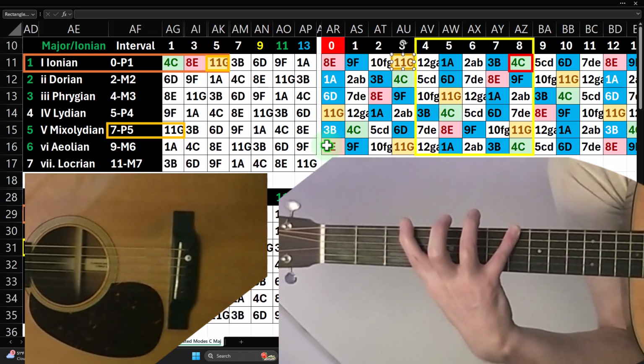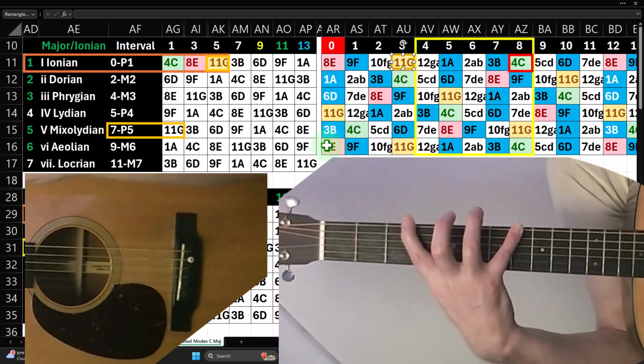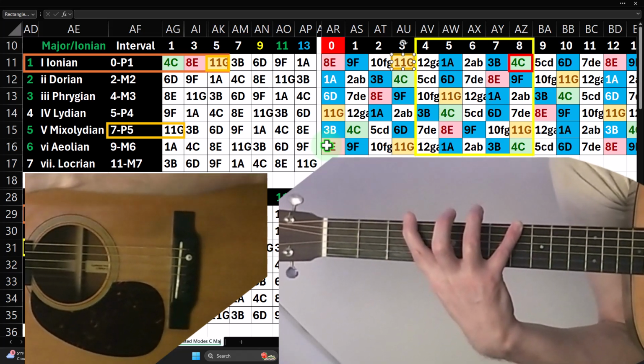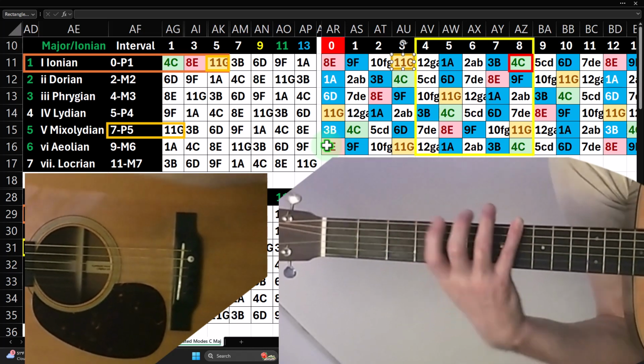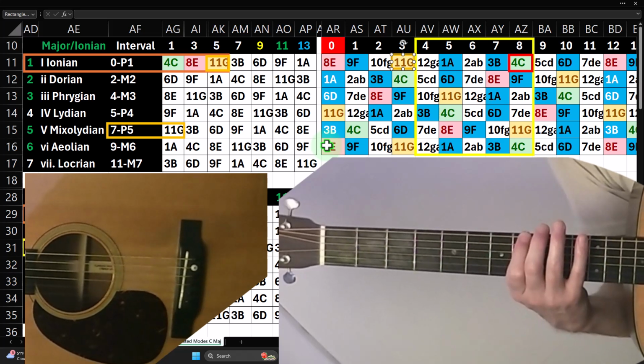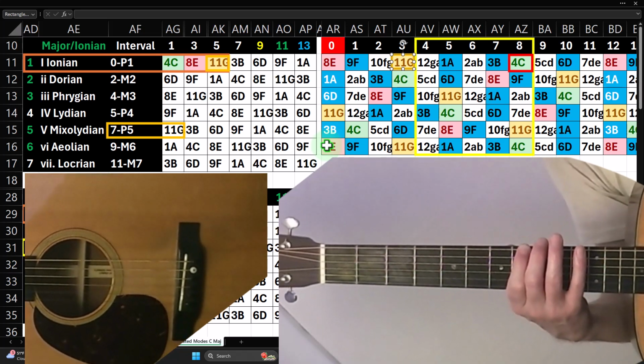Because if you think of it as a circle and you're going around the circle, if one way to go around the circle is 5, then the distance going the other direction is 7, right? Okay, so then we're going to say, because it's a 12-unit circle of half steps, by the way.